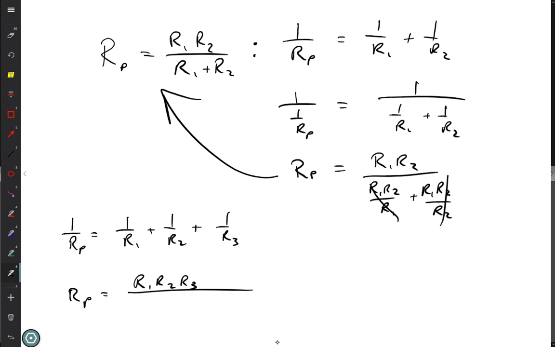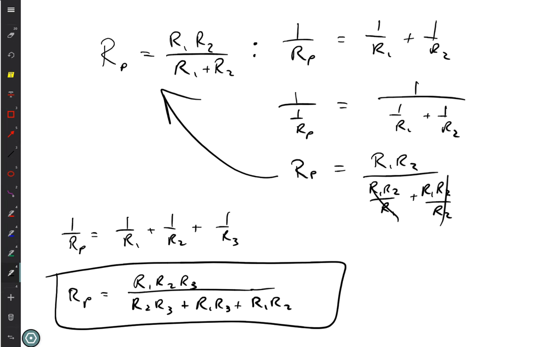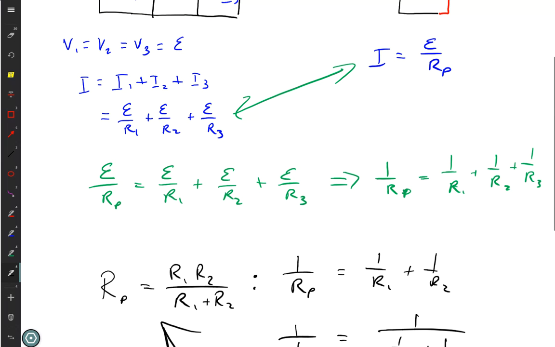The 1 over R1 is going to cancel the R1, leaving R2 R3. The 1 over R2 is going to cancel the R2, leaving R1 R3. And then the R3 leaves R1 R2. And nobody ever writes it that way, right? Because it's getting longer and more convoluted. And so that's why I work it out with 3.